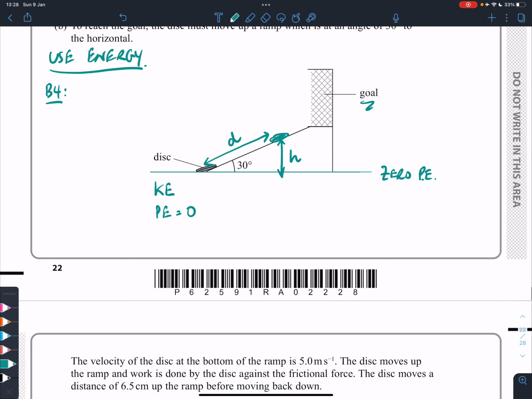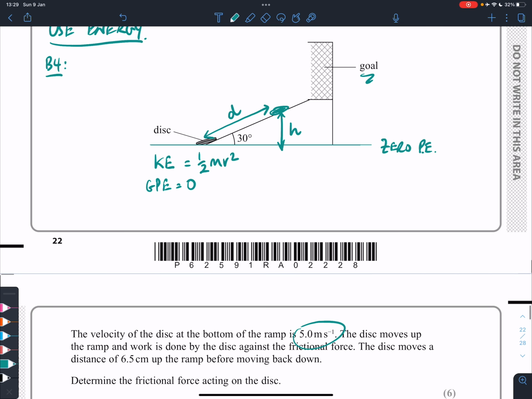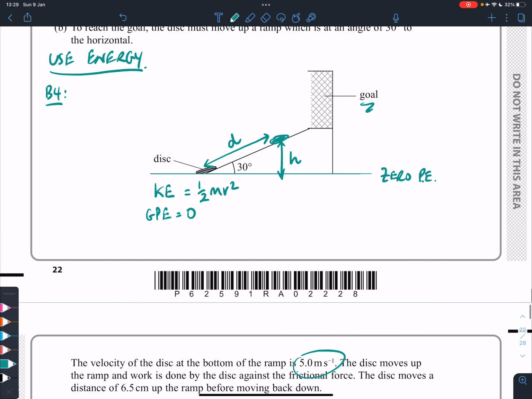We could say GPE equals 0 here. The kinetic energy is a half mv squared, but we know the mass and we know the velocity. So that's good, we've got that. So initially we only have a half mv squared.